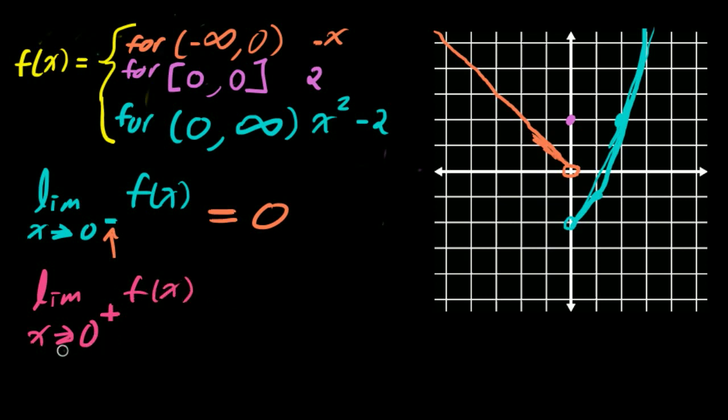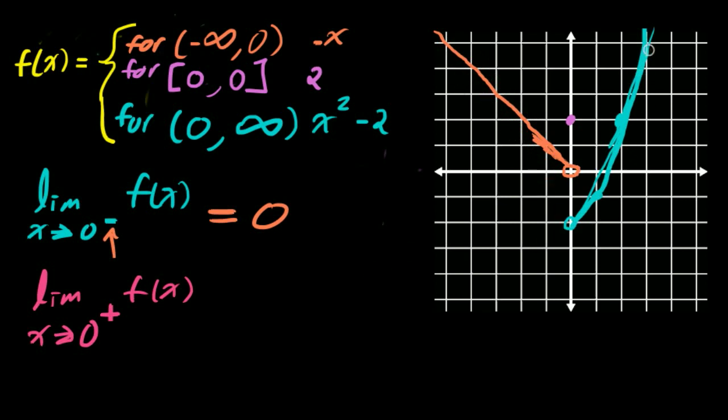And now, taking a look at this expression, the limit as x approaches 0 from the positive side of f of x, what is our function going to be equal to? Hopefully you can see that what this is saying is we are just completely ignoring all of this stuff on the left side of our graph.